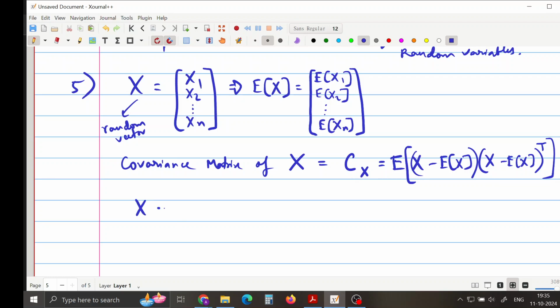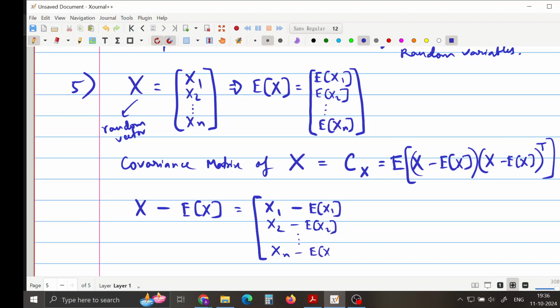So what is x minus expectation of x? This is simply x1 minus expectation of x1, x2 minus expectation of x2, all the way till xn minus expectation of xn.